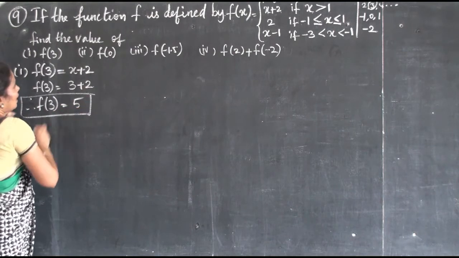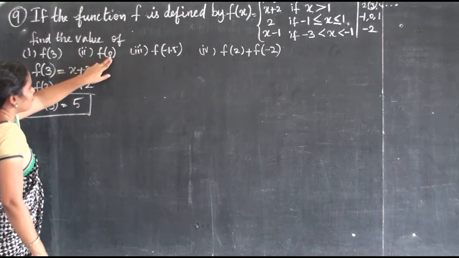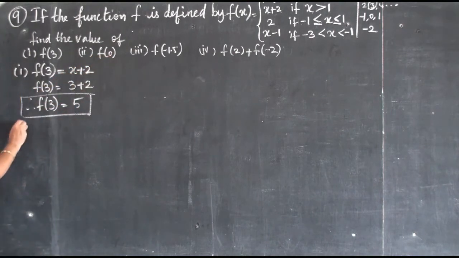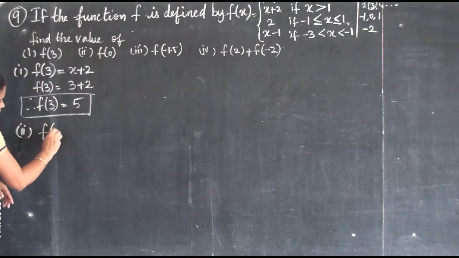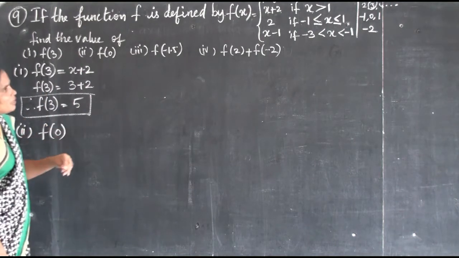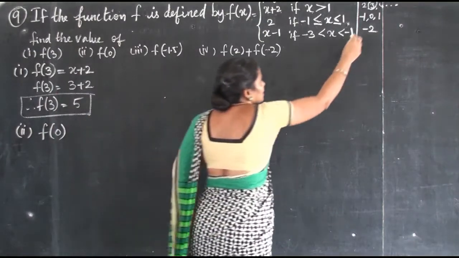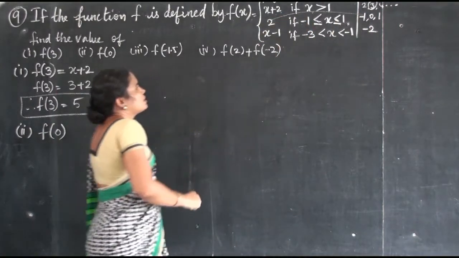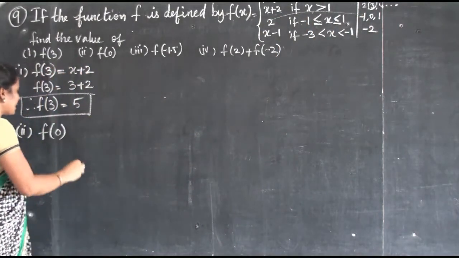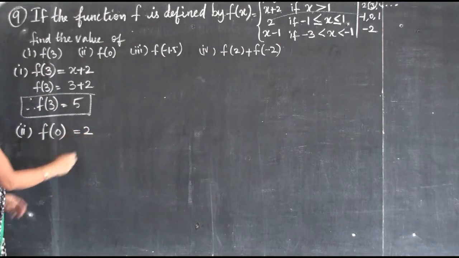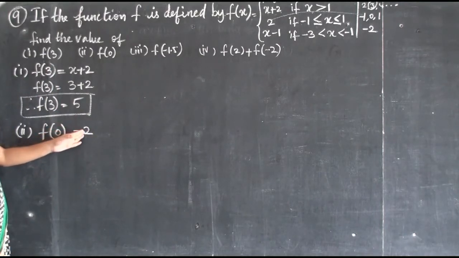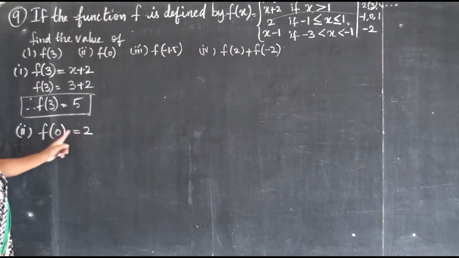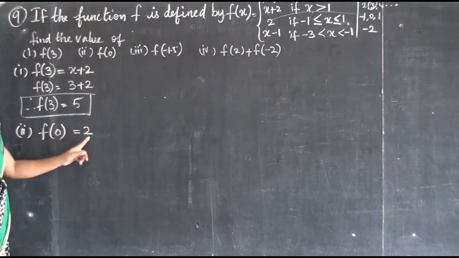Okay. And question number 2, f of 0. Where is f of 0? It is present at x equal to 0, so directly it is given as 2. There is no variable x, so directly you can write, therefore f of 0 is equal to 2.